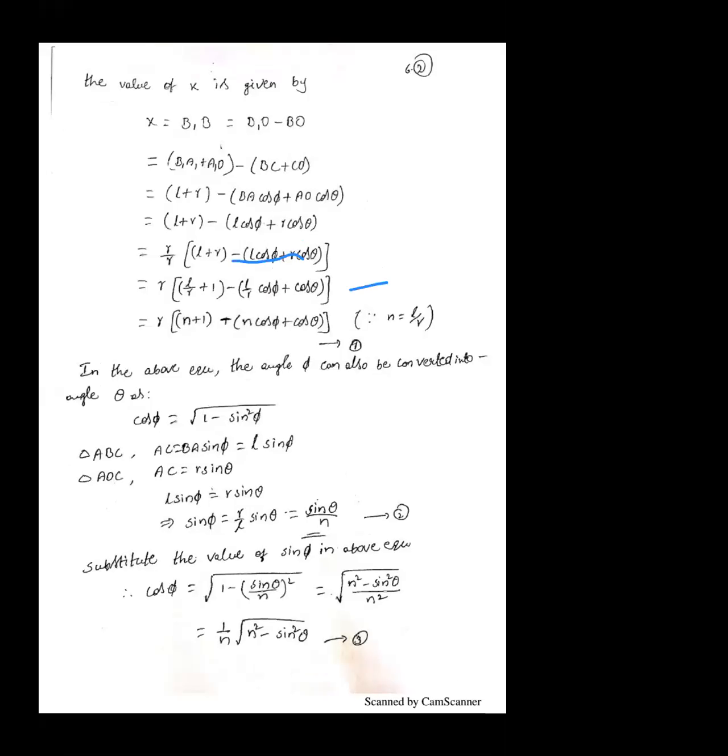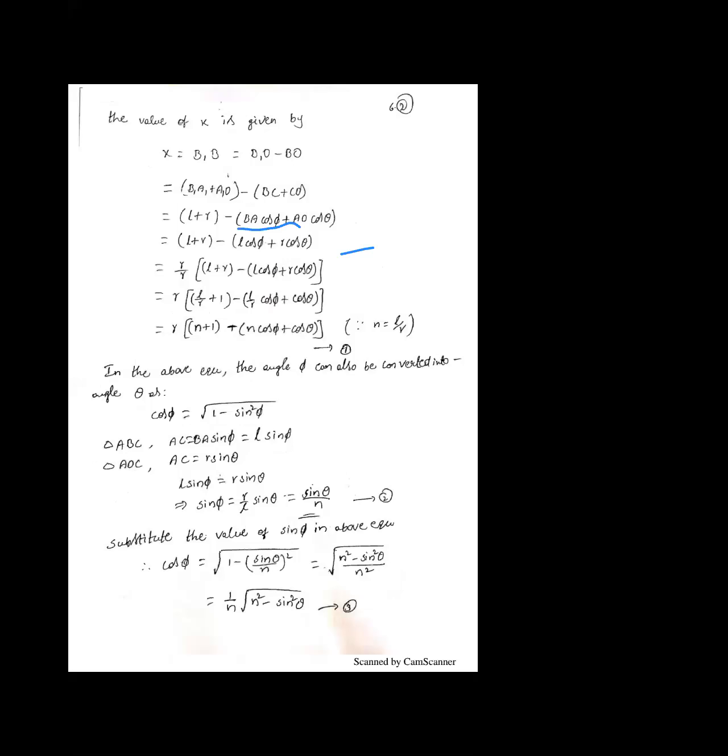Isn't it? All of you observe that. So when we send it into our equation, it changes to L by R plus 1 minus L by R cos phi plus cos theta.